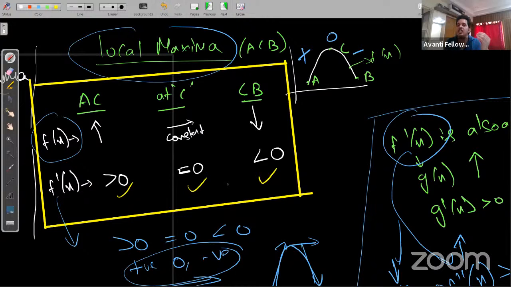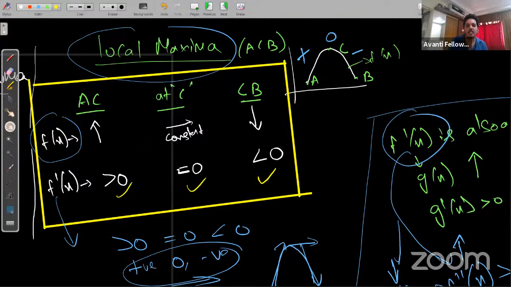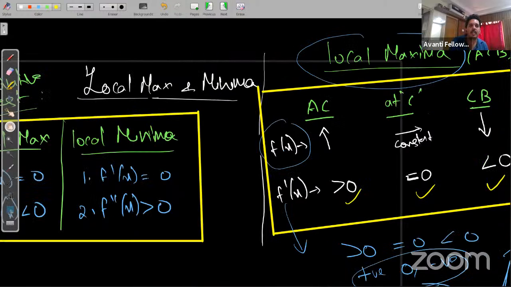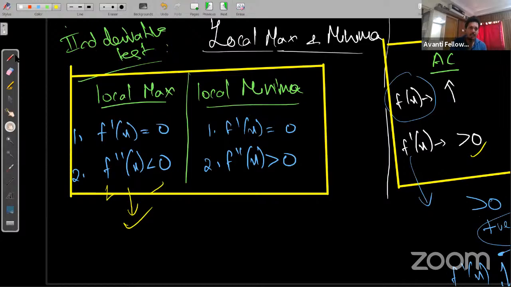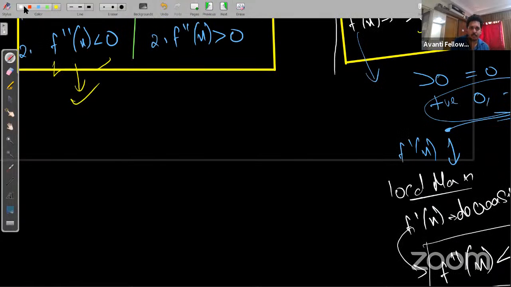So you can say f dash of x is decreasing. If f dash of x is decreasing, its derivative is less than zero. So what is the condition for local maxima, guys? F double dash of x is less than zero. This is how you got the second condition. Understood or not? Come on, tell me.